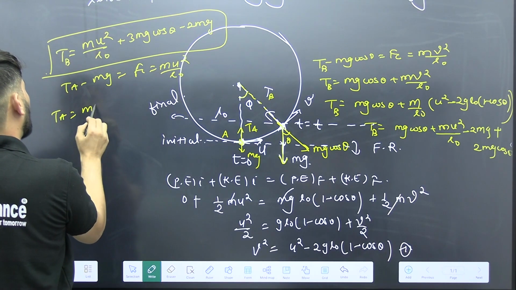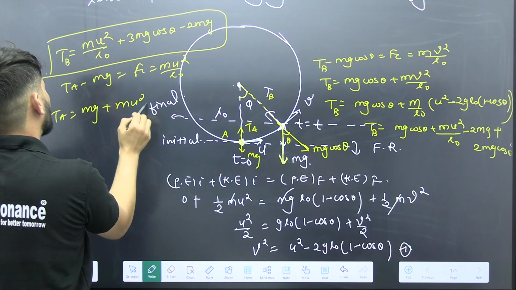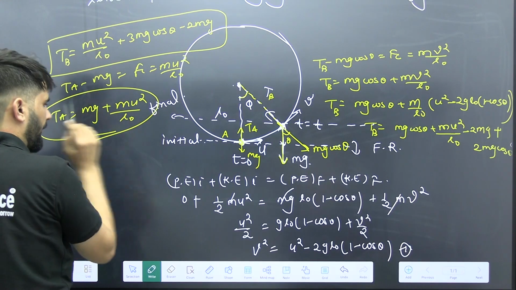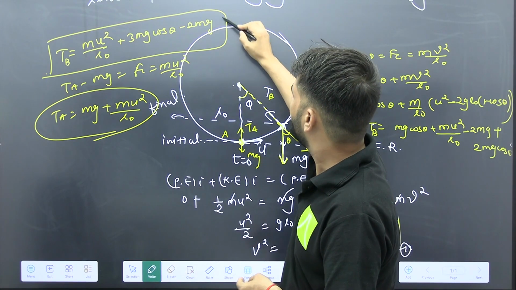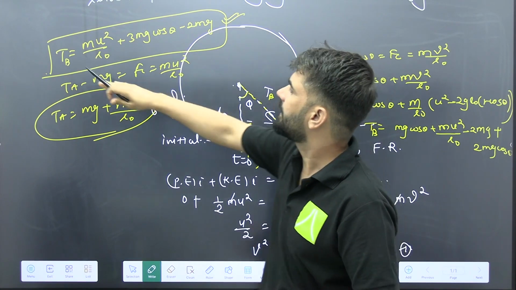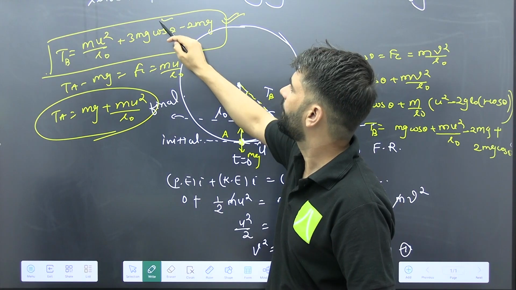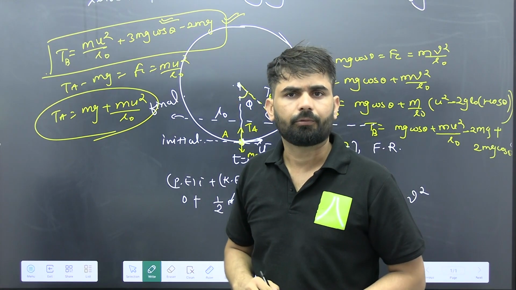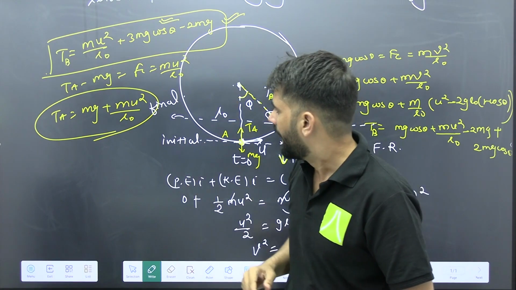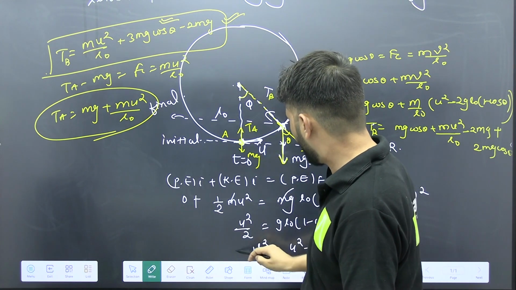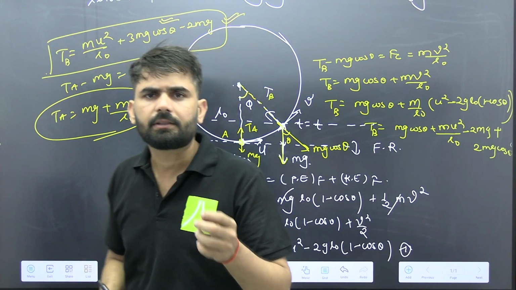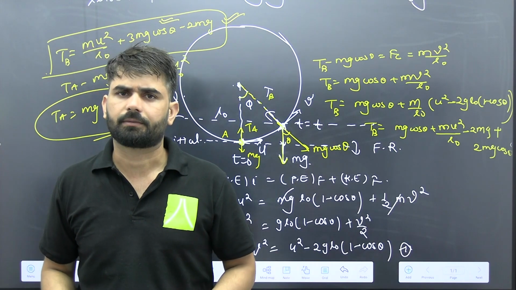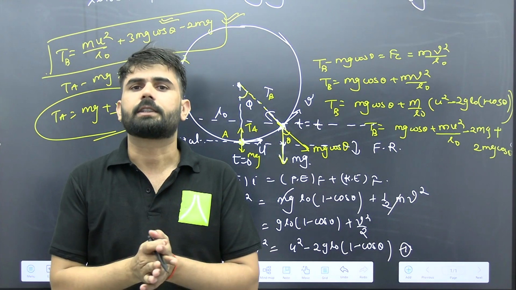T A is equal to mg plus m u square by L naught. Okay guys, so by this we can simply find the tension at any position of the particle with the vertical. And this is the velocity found by using energy conservation because of the absence of non-conservative type of forces. Okay, hope you understand. Thank you.